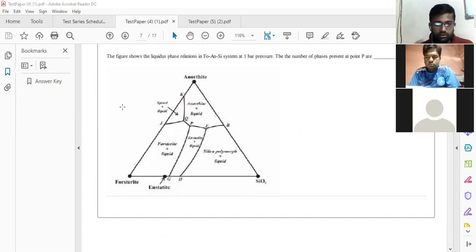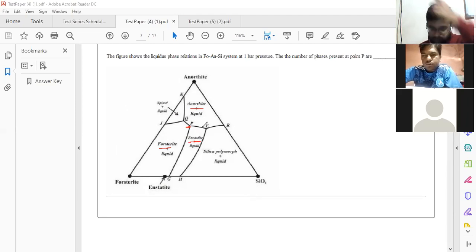The figure shows the liquidus phase relations for sterile unauthored silica system at 1 bar pressure. The number of phases present at point P. Okay, so number of phases at point P. So here you have anorthite, okay, forsterite, enstatite, and plus liquid.